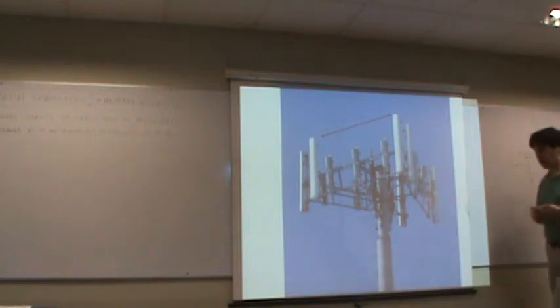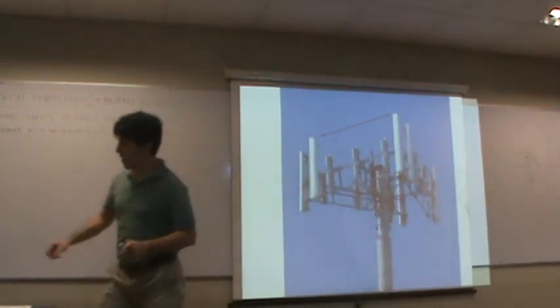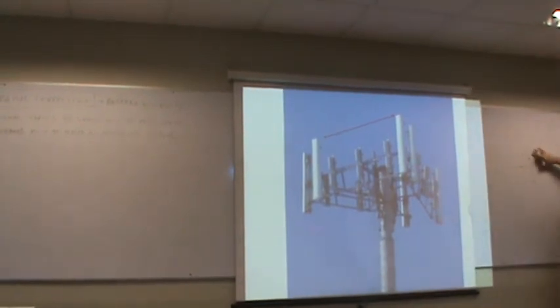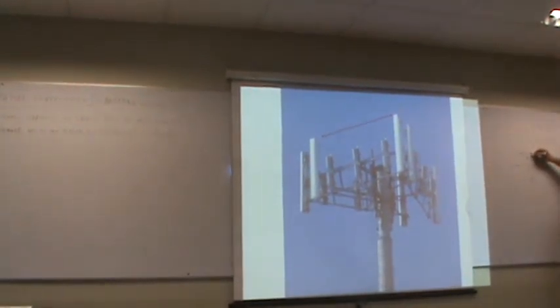Let me use different colors. You can try this at home as an exercise. Okay, so after a quarter wavelength, they will be like this. So this is position 0. This is position lambda over 4.